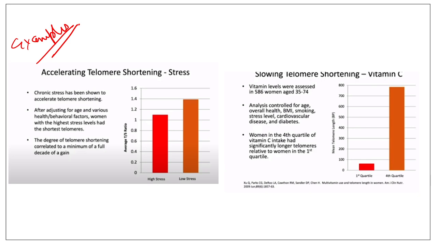So stress can lead to the shortening of the telomere. So there are certain factors that can accelerate the telomere shortening. Okay. The first factor is stress.